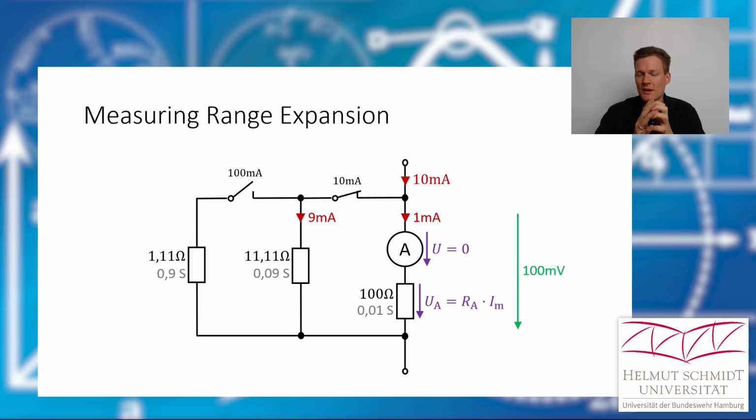So you see, we have 0.99 Siemens in parallel to our instrument and 0.01 Siemens in our measurement device itself, and that means that 99% of the current flows through the resistor network and only 1% through our device.